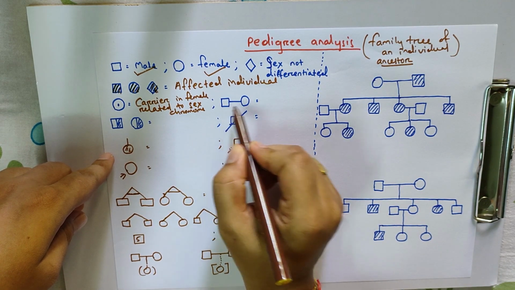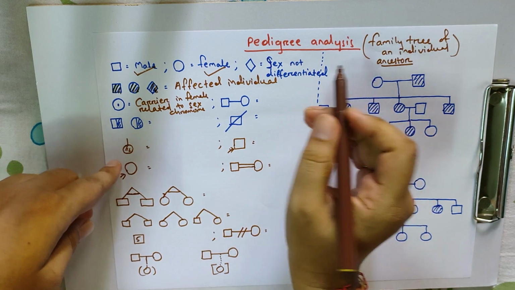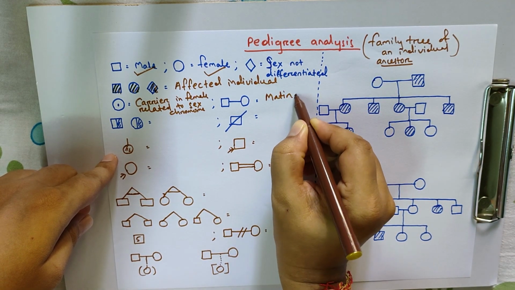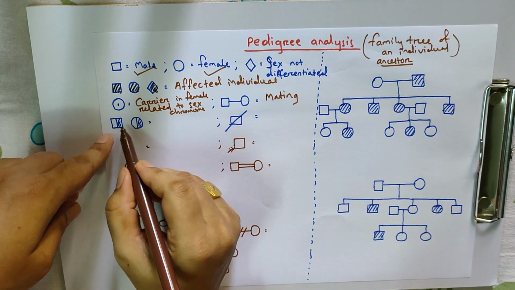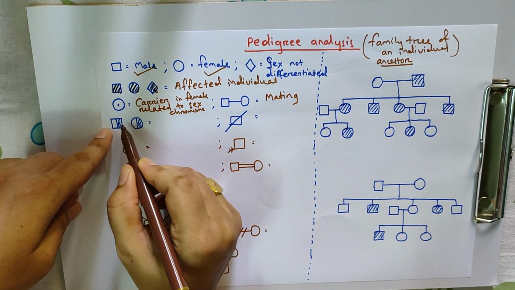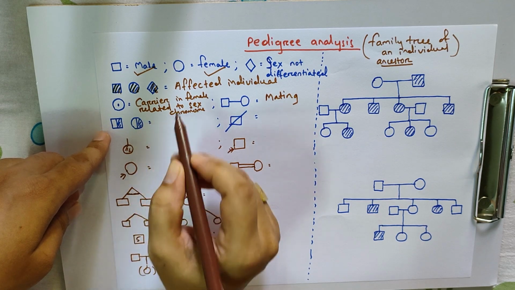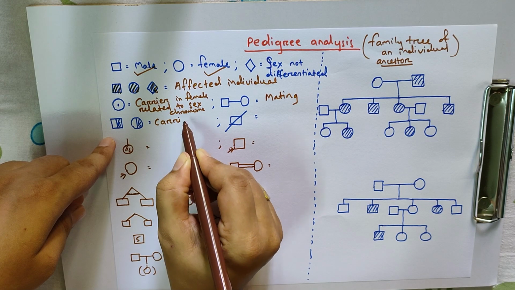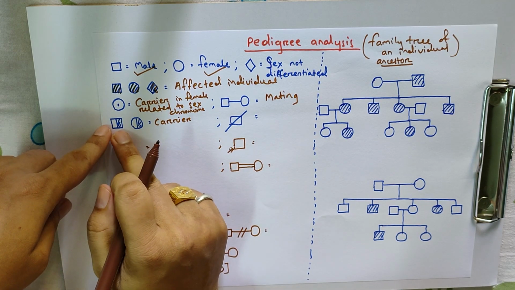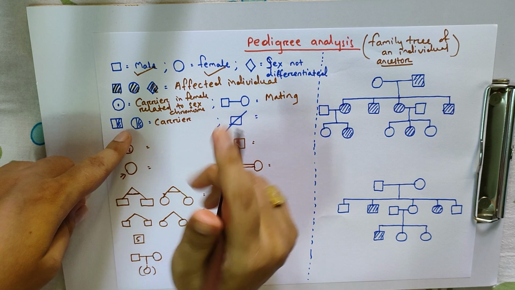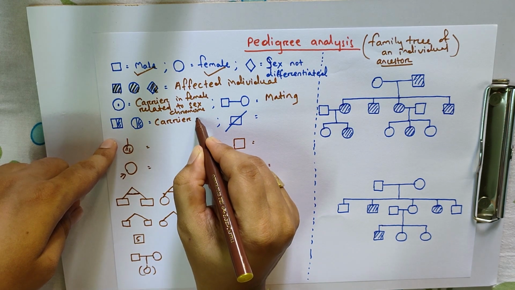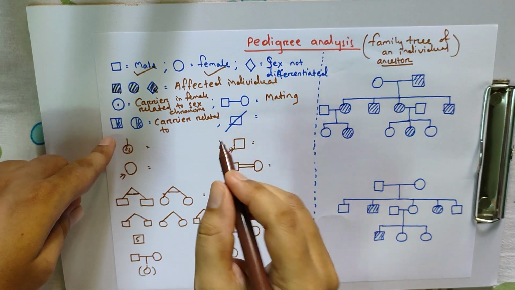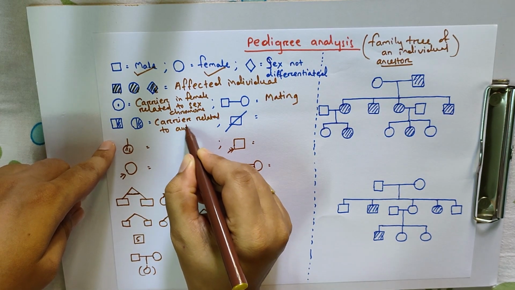This box and circle with a line in between them determines mating. This box half darkened and circle half darkened also represent carriers: the carrier in male and carrier in female, related to autosomes.